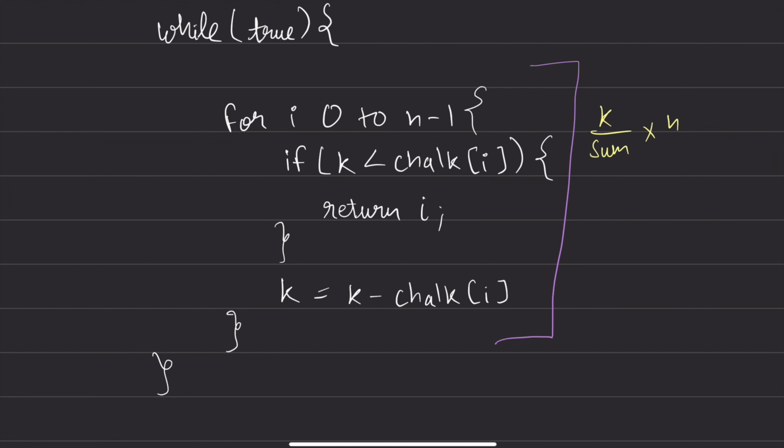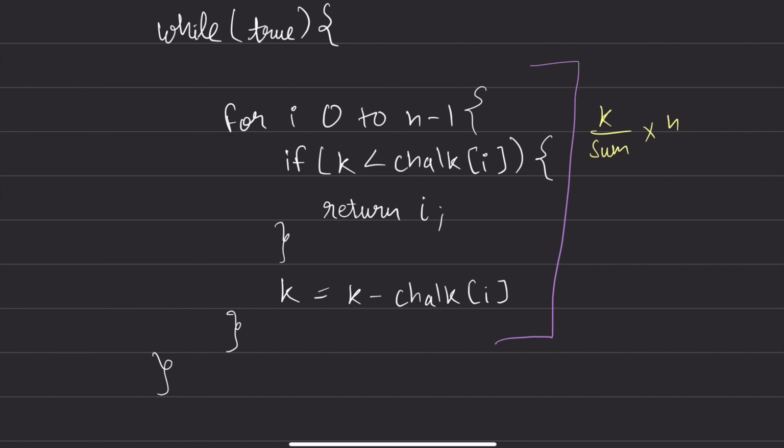If it is not the case, then I just reduce the chalks by the chalks required by the student. This process will continue till I reach this if, and in this case the answer will be returned. Now what will be the time complexity of this solution?